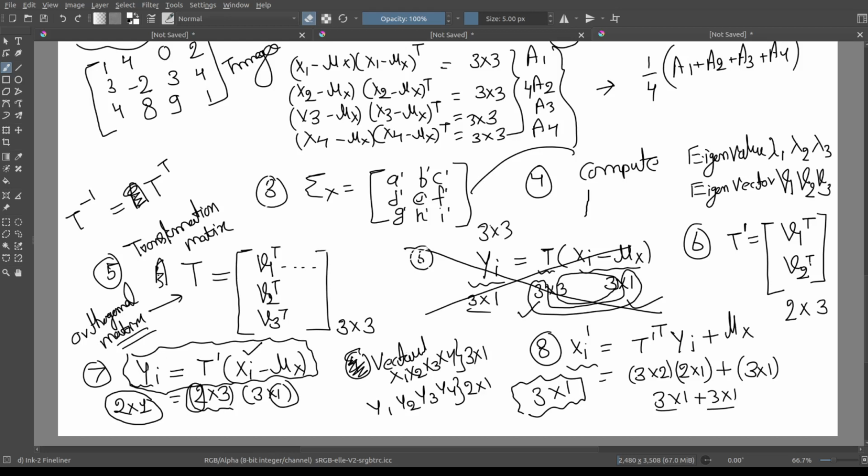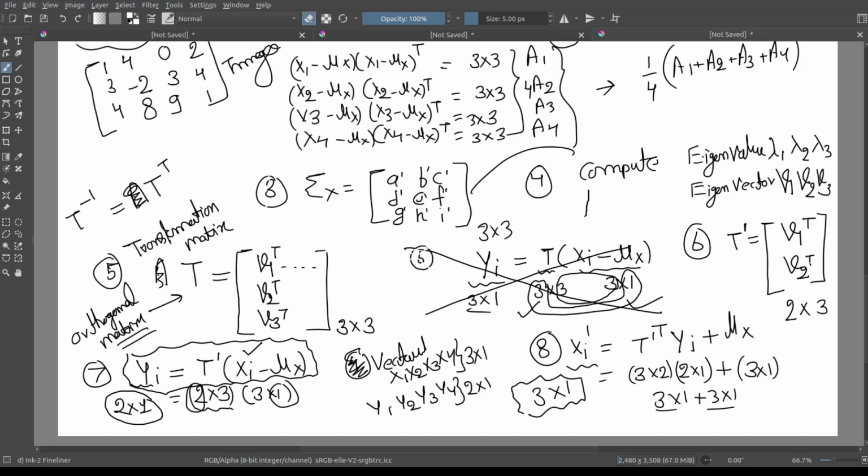So what will be the size of yi in that case? T double prime is 1 cross 3, this is 3 cross 1, so you will get a 1 cross 1 yi. Means from 3 dimensions, your yi now represents the 3 dimension information in 1 dimension. In the earlier case it is 2 cross 1, means 2 dimensions, from 3 to 2. But if you ignore V2 transpose also, then yi will represent only a 1 dimensional value for one vector.